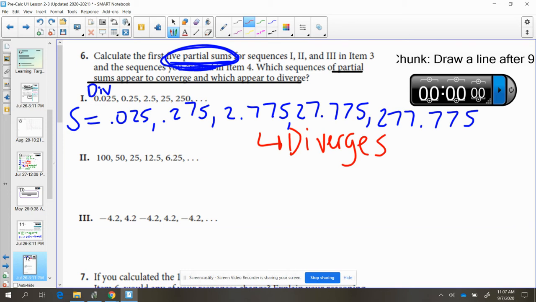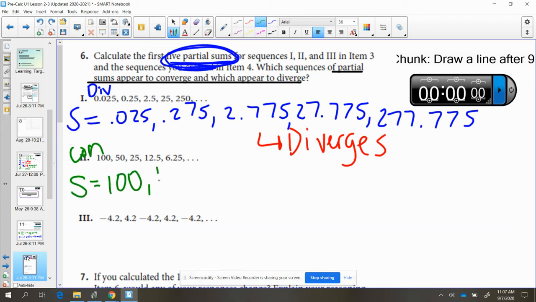However, a sequence like number 2 was a converging sequence, right? It converged to 0 on the last problem. Same thing, if we look at the partial sums, add up the first term, first 2 terms, add up the first 3, first 4, first 5.